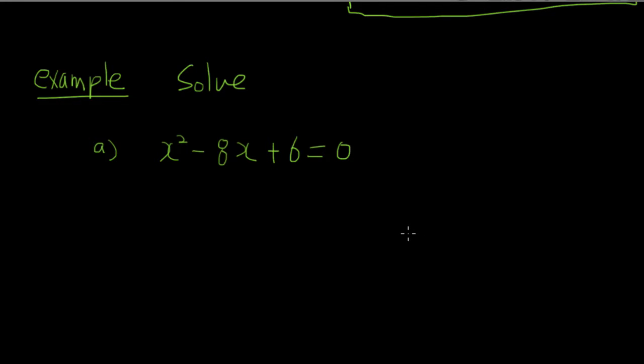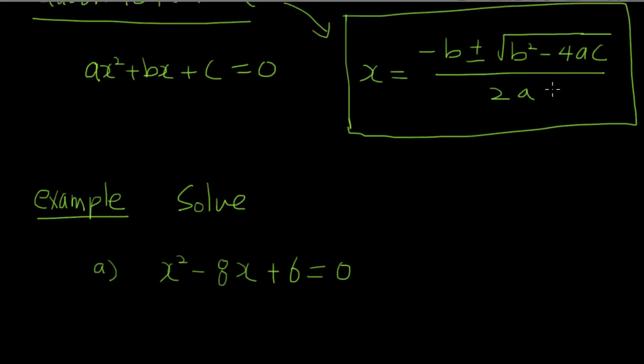Let's say you have to solve this. Now, if you watched our previous lecture, you probably know the answer for this because we used the exact same example for the complete the square technique. But let's use this formula right here.